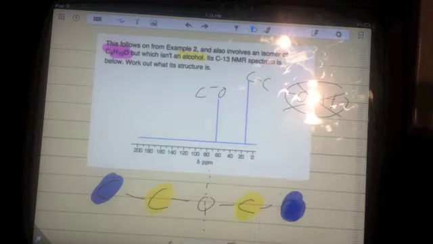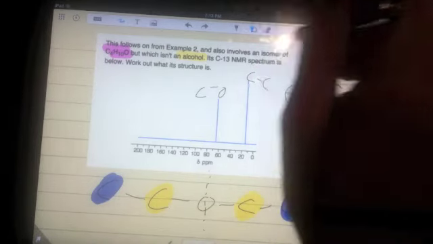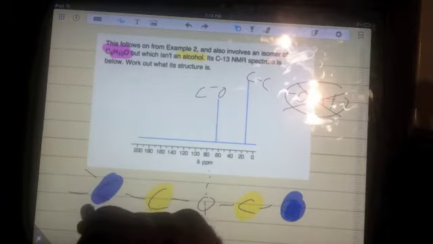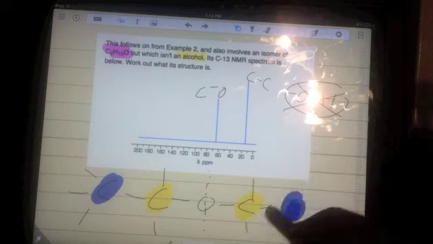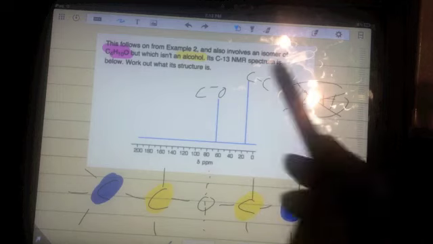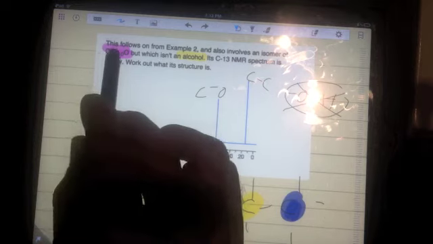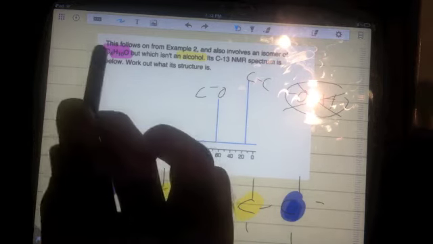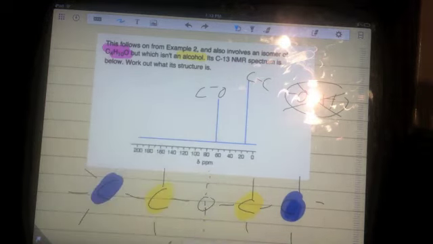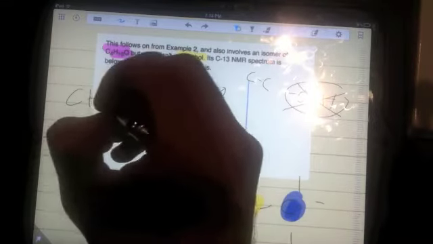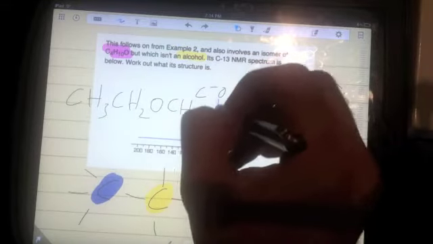So we bang in our hydrogens, which will be here 1, 2, 3, 1, 2, 1, 2, 1, 2, 3, and we count them up. We've got 1, 2, 3, 4, 5, 6, 7, 8, 9, 10, C4, H10, and our O in the middle. We have our molecule, which will be CH3, CH2, O, CH2, CH3.